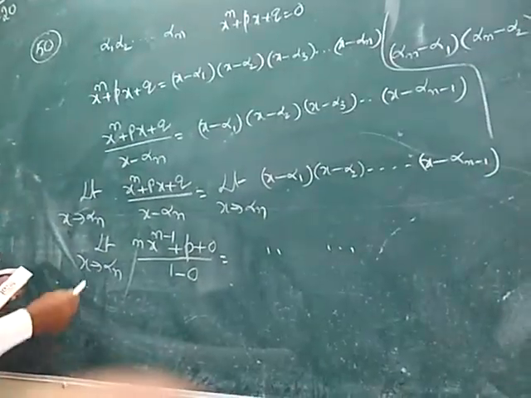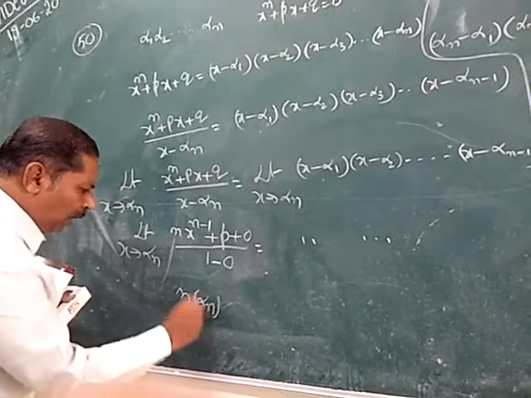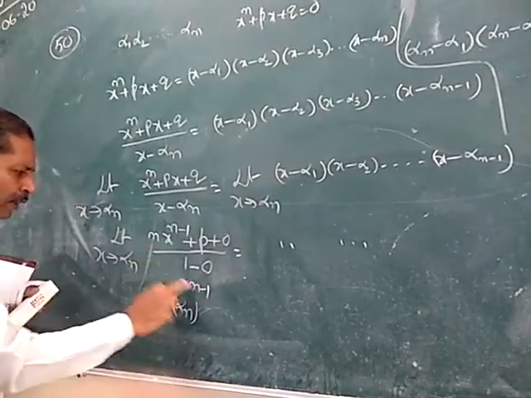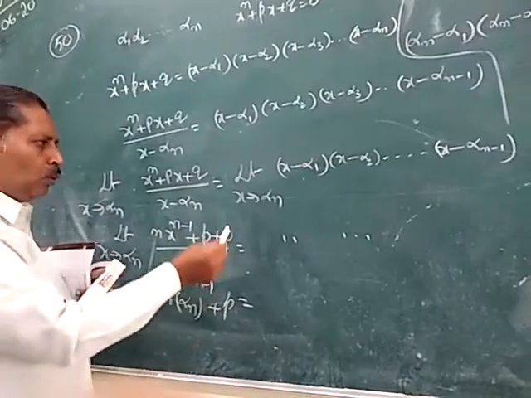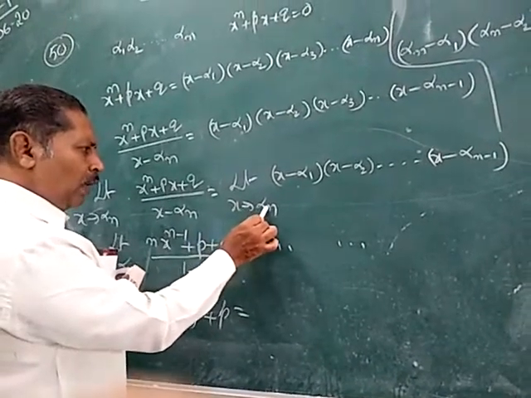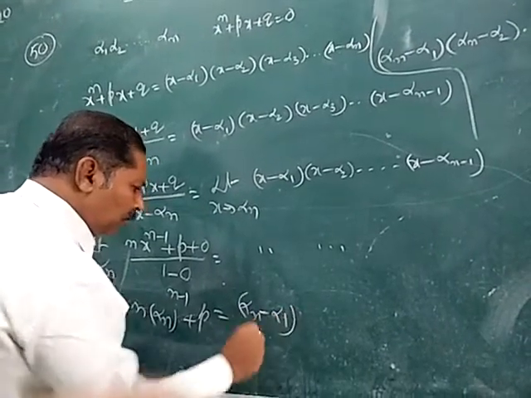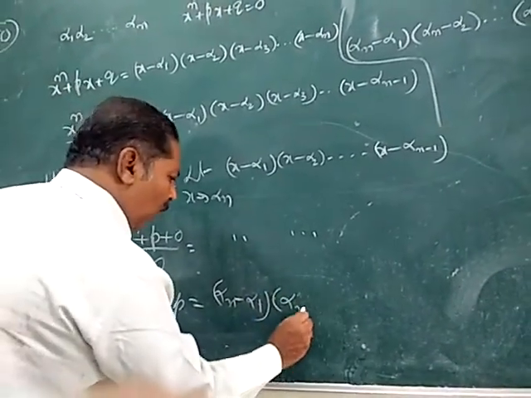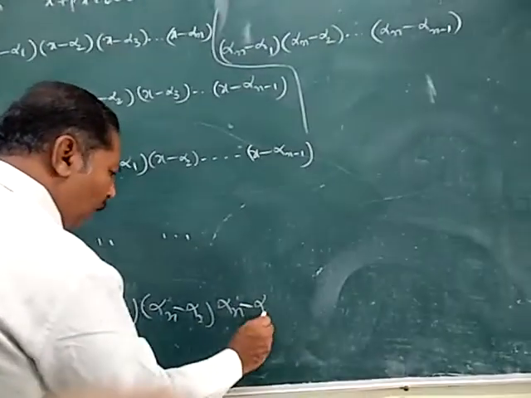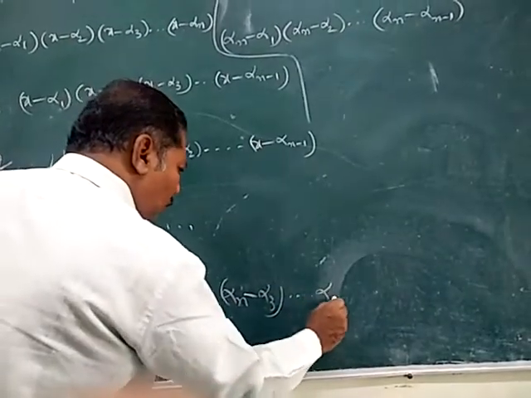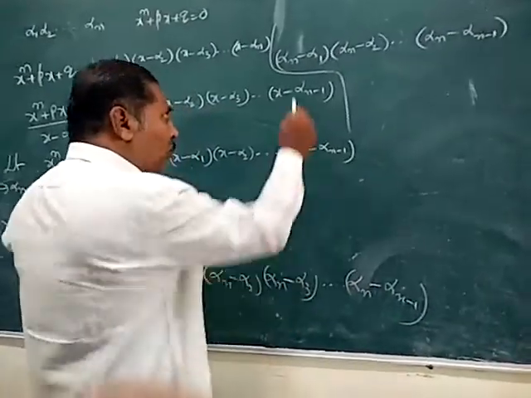Substitute x value alpha n into n x^(n minus 1) plus p, equal to substituting x value alpha n in the RHS: (alpha n minus alpha 1)(alpha n minus alpha 2)(alpha n minus alpha 3) and so on, (alpha n minus alpha n minus 1).